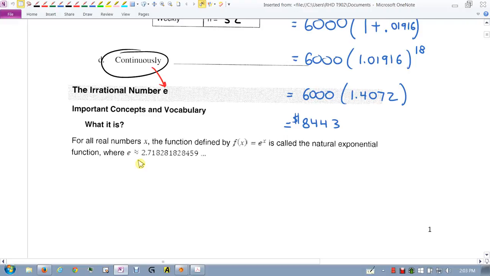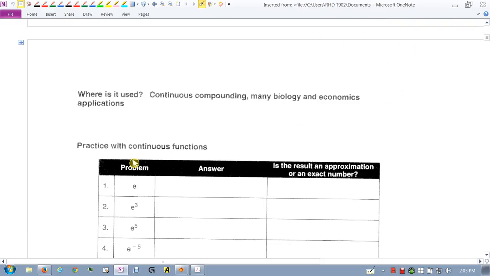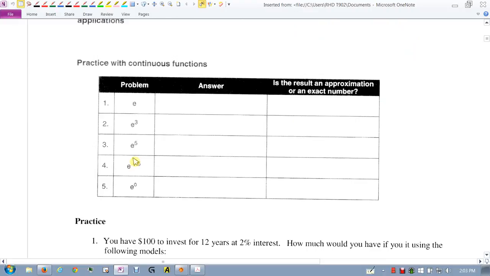So what we want to make sure we can do right now is get our calculators and find that button so that we can evaluate e raised to various powers, because in the formula, that's what this means. You're going to take e and raise it to some number. So if you have your calculators with you, let's first figure out what e is.